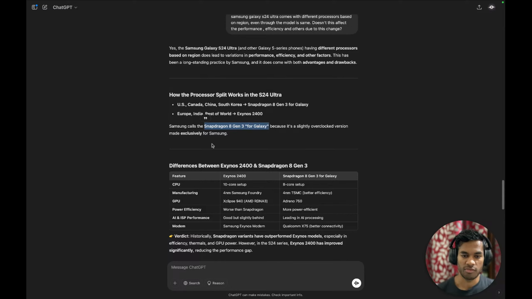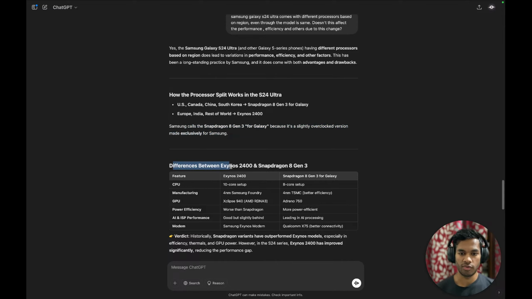It is specifically designed by Qualcomm for Galaxy because it is a slightly overclocked version made exclusively for Samsung. Overclocked means it can do more in a given second. The state of the processor can change more times. High clock speed means the transistors can switch their state more quickly.